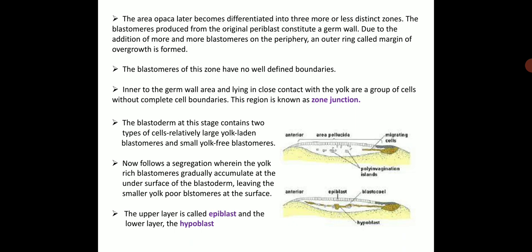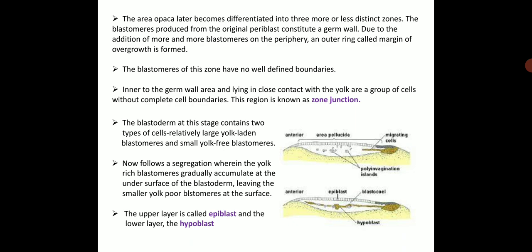Now follows a segregation wherein the yolk-rich blastomeres gradually accumulate at the undersurface of the blastoderm, leaving the smaller yolk-poor blastomeres at the surface. So this upper layer is called the epiblast and the lower layer we call the hypoblast.